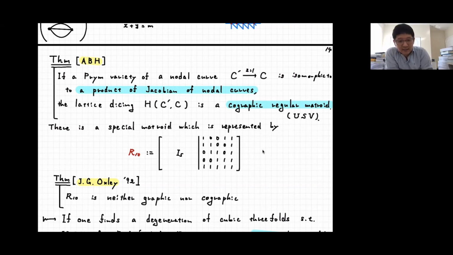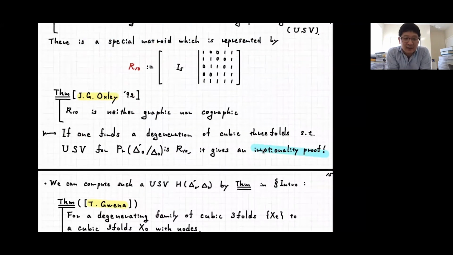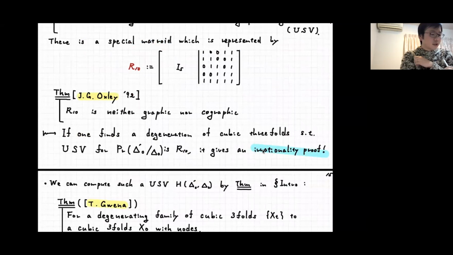I see. Thank you. But should the matroid be this R10, or is there any other matroid that can replace this R10? As far as I understand, they construct a certain degeneration which corresponds to this R10.